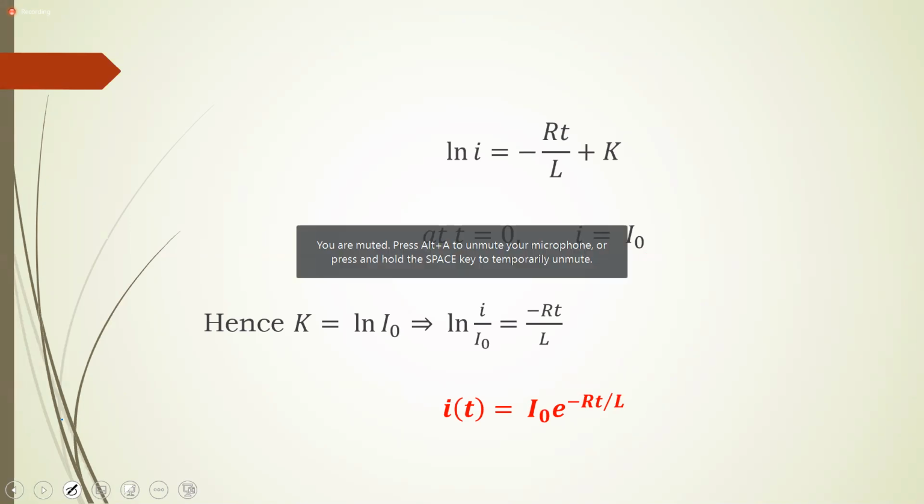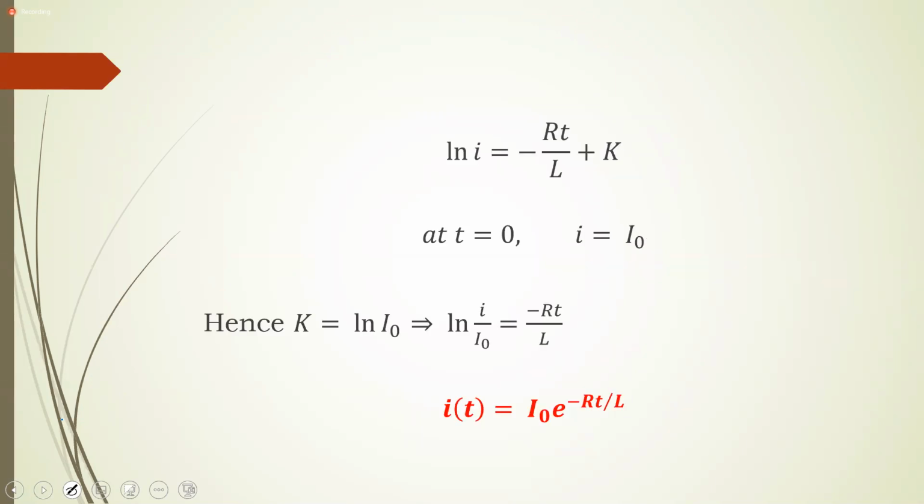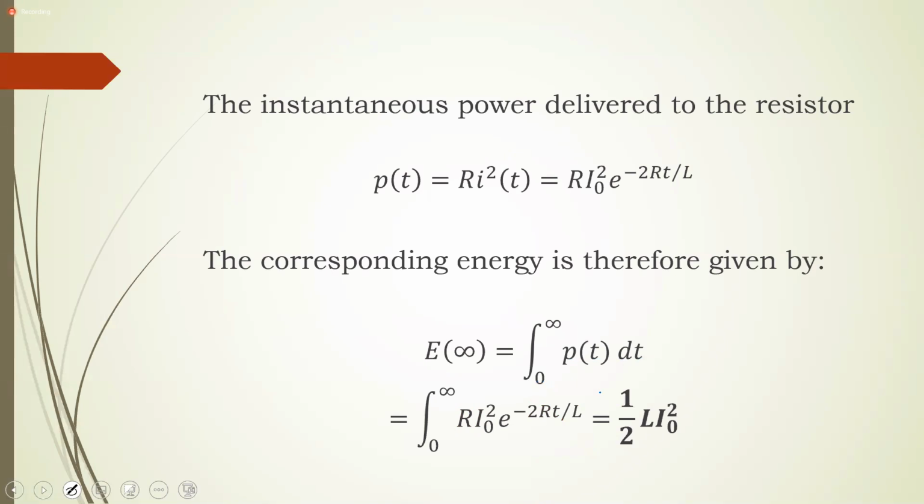So to do that, the instantaneous power delivered to the resistor will be I squared R. So that's just squaring this, so we'll get that squared, and of course, that times R. And doing the integral from 0 to infinity for energy. Integral with respect to time, of course.